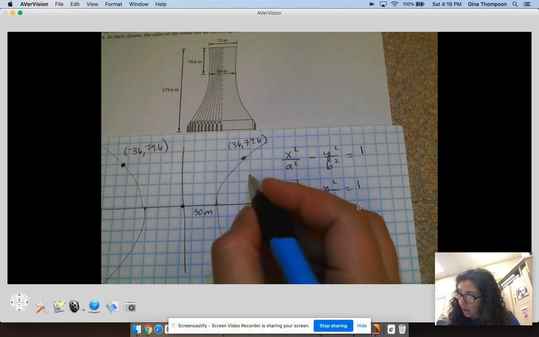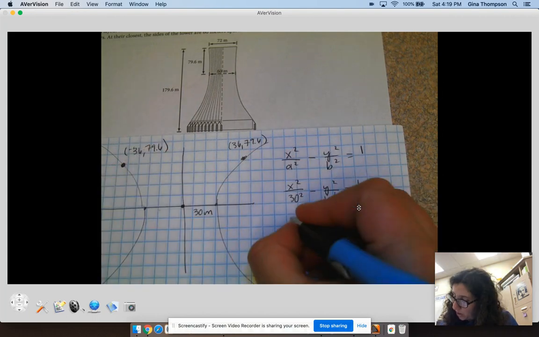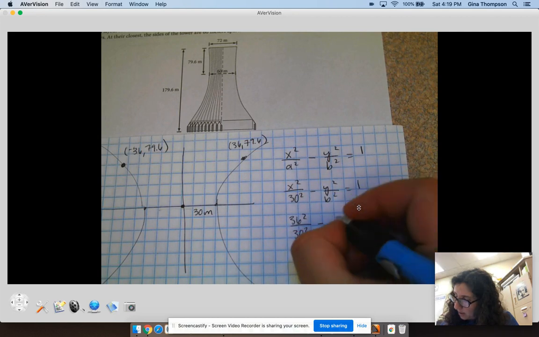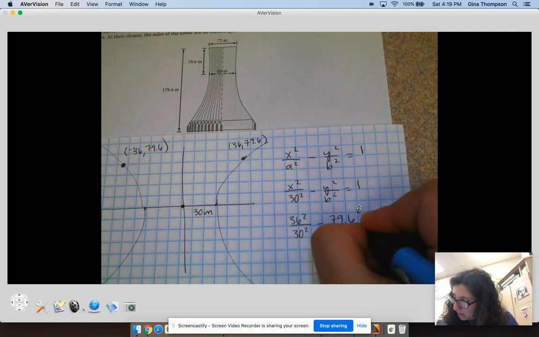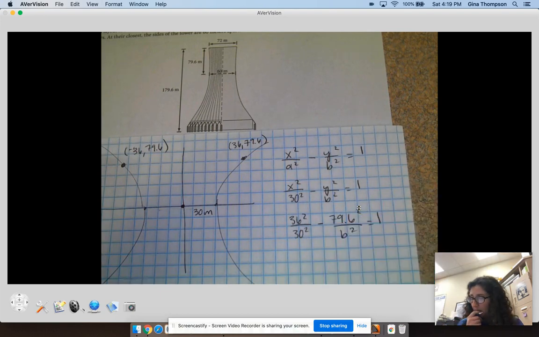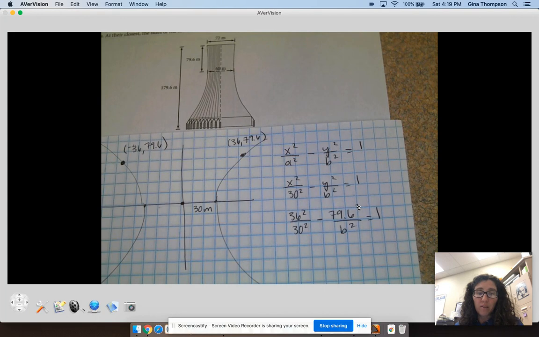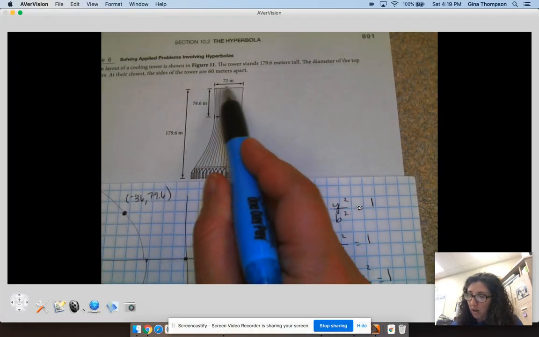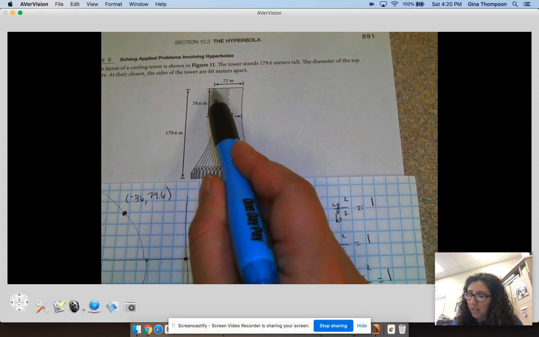So we could say 36 squared over 30 squared, minus 79.6 squared over b squared equals 1. All right, we can use that to solve for b. So that's why they gave us this extra measurement here, so that basically we could find a point on this hyperbola.